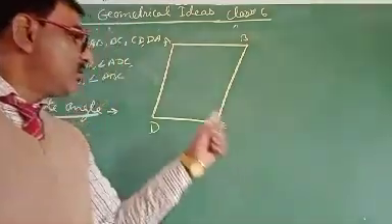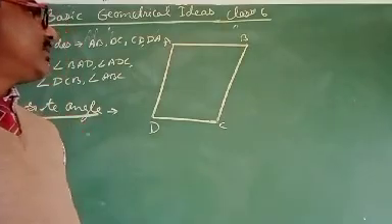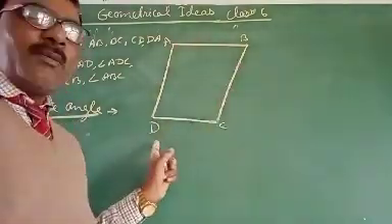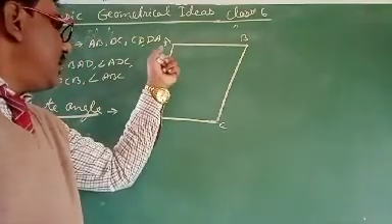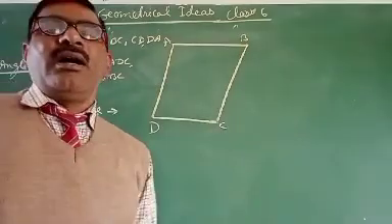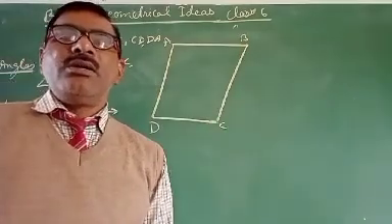So these are called opposite angles. Similarly, angle ADC and angle ABC are also opposite angles of a quadrilateral.